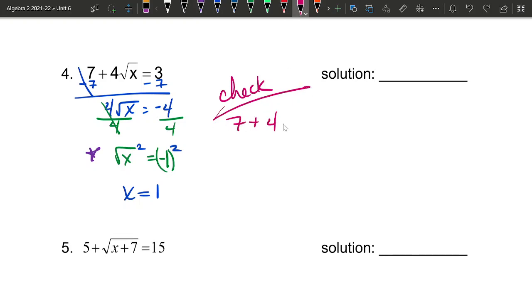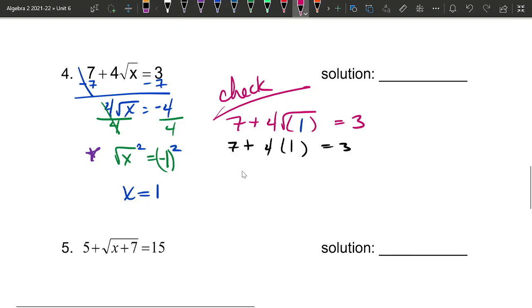7 plus 4 square root of something equals 3. I'm plugging in 1 for x. Square root of 1 is 1. 4 times 1 is 4. 7 plus 4 is 11. 11 equals 3?